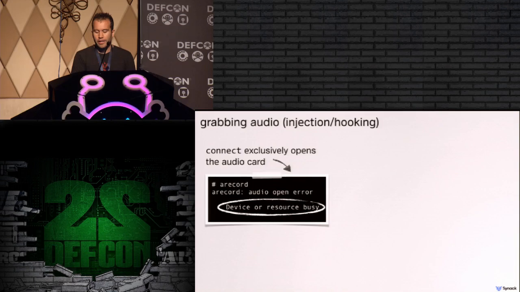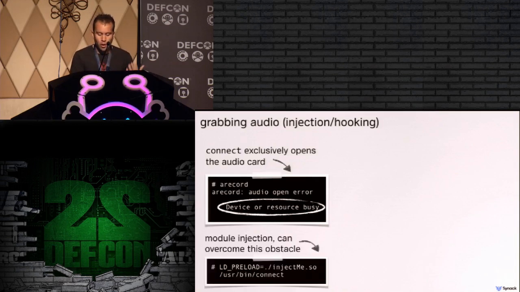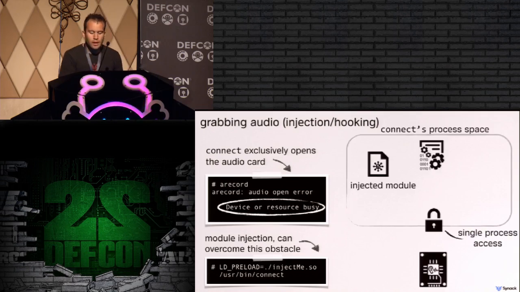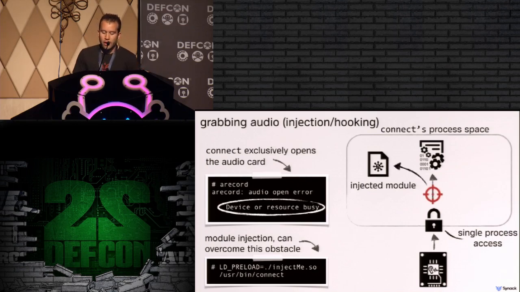Since the Connect binary exclusively opens the audio card, we have to inject a module into the Connect process. So here are the various relevant components. The Connect binary is continually reading the audio stream, but our injected module can then install a hook, gain access to the audio stream, and then exfil it to our command and control servers.